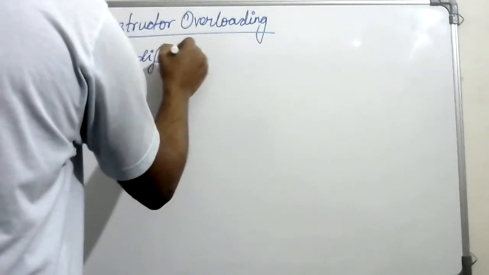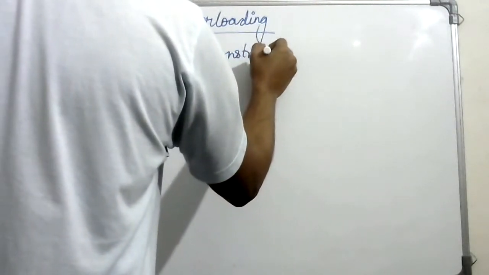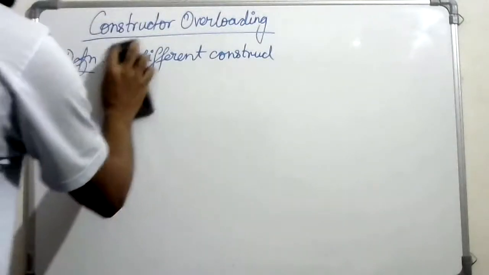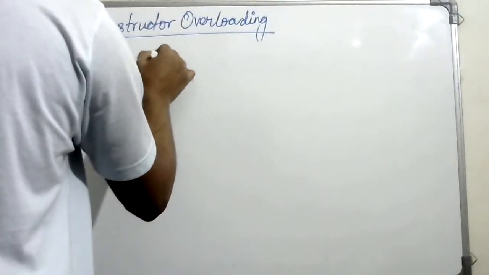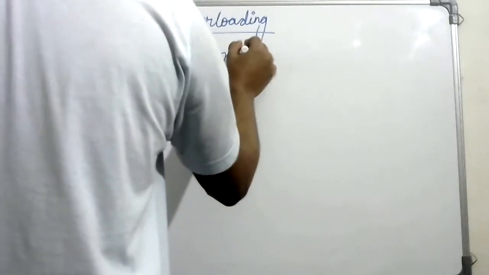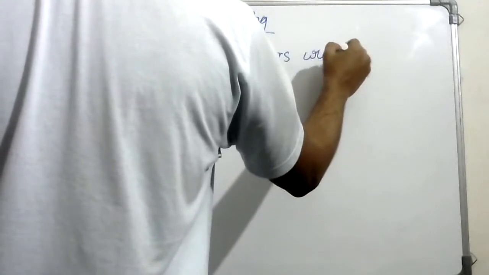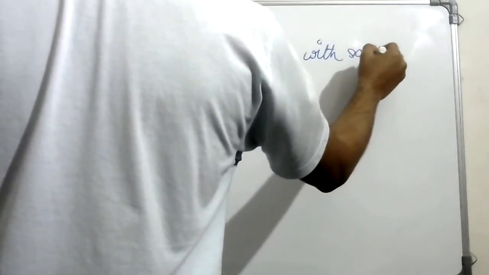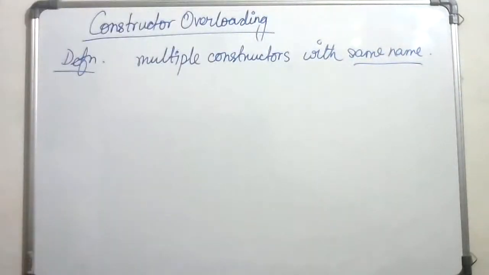Put simply, multiple constructors with the same name. Let's not say different, let's say multiple constructors, which is a more appropriate word. Again, this same name part is redundant because constructors will always have the class name, right?